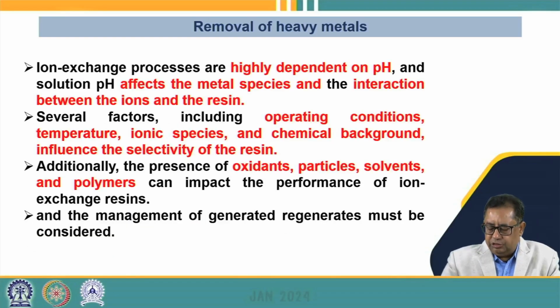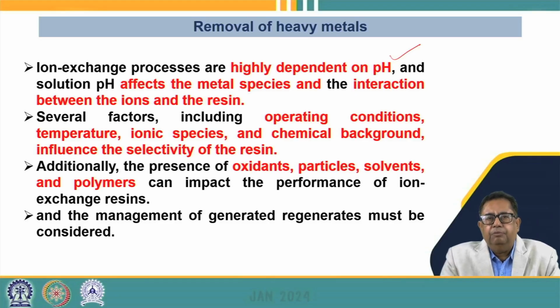So the ion exchange process is highly dependent on the pH. If we are using strong acid or strong base resins, they can be used for the entire range of pH. But when we are using weak acid or weak base resins, this will depend upon the pH of the solution that we are treating.